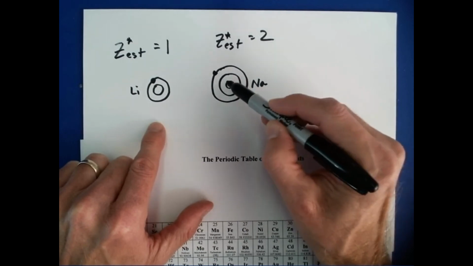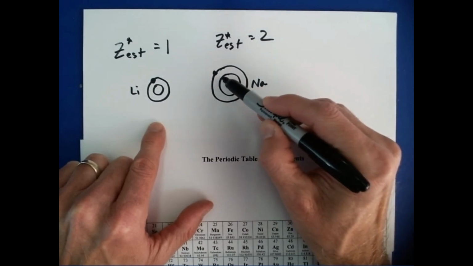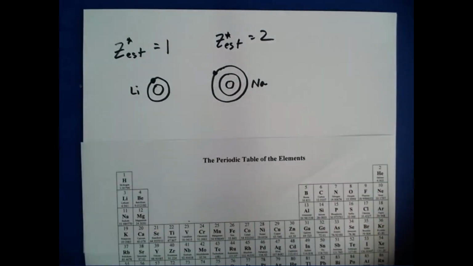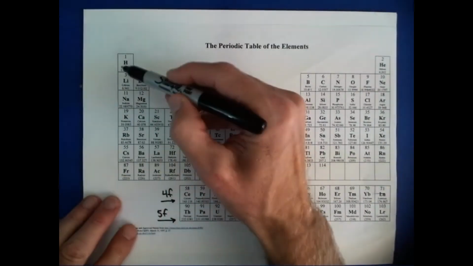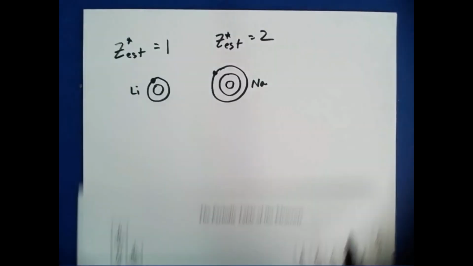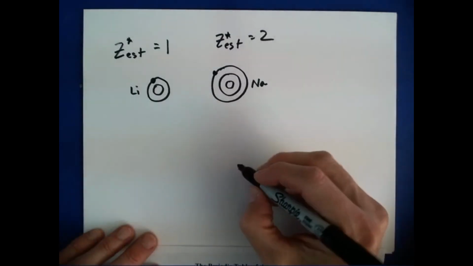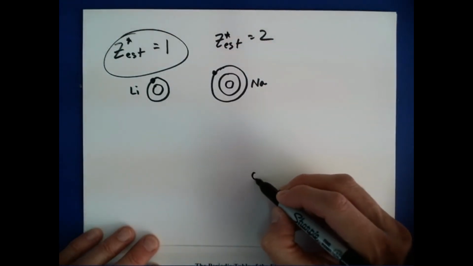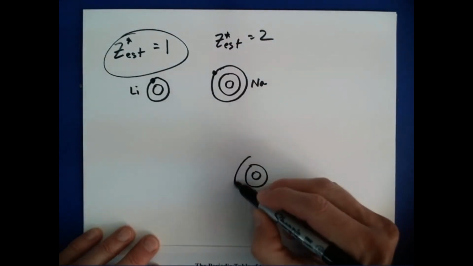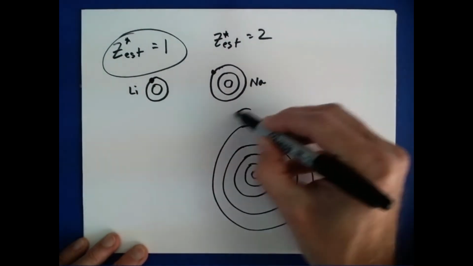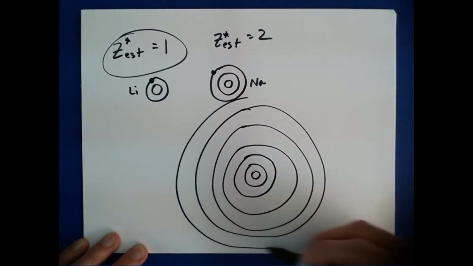Every time you add shells, the valence electrons get further and further away from the nucleus. For example, in the case of francium, we have to go all the way to the 7th shell. Once again, with francium, Z star estimate is 1, but we have 7 shells.